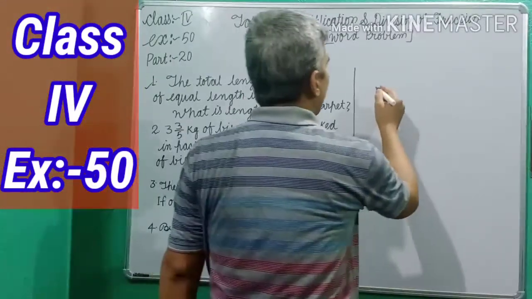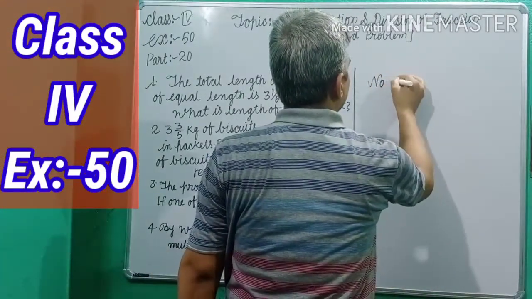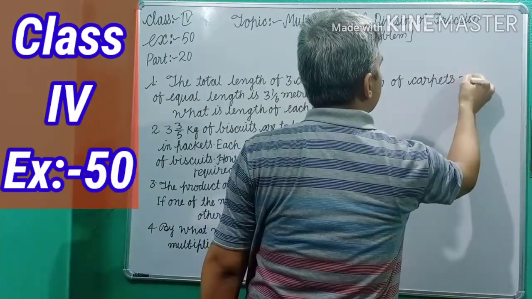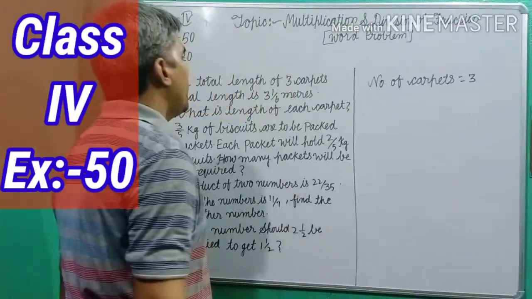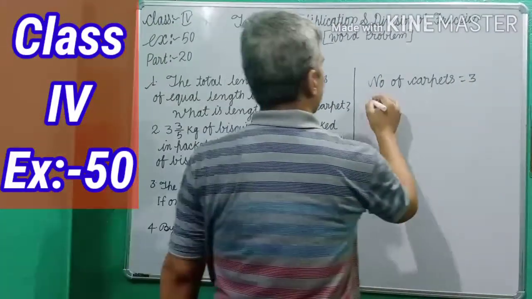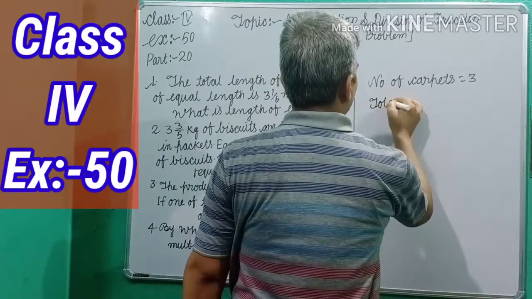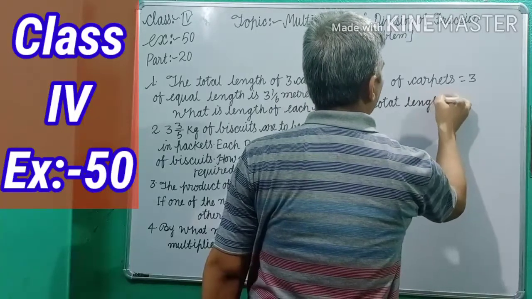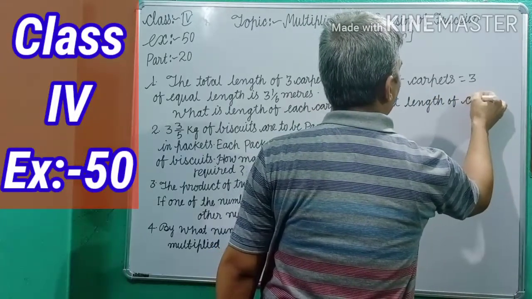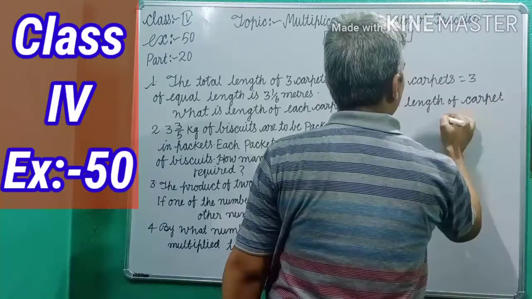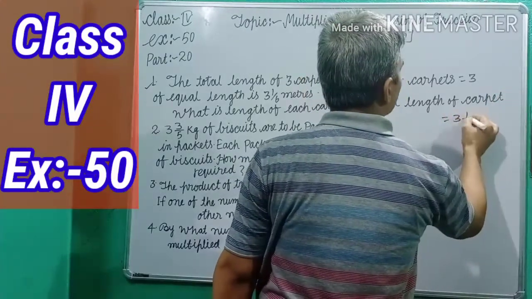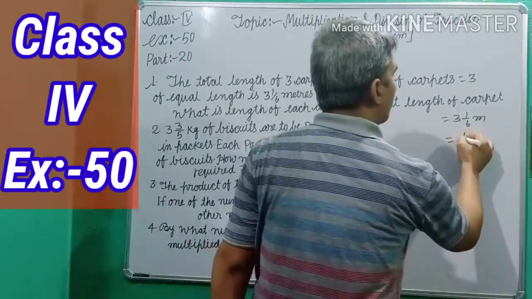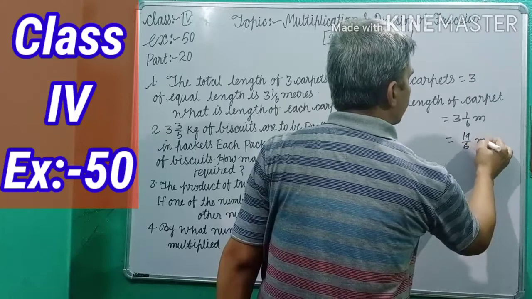First of all, you write down the number of carpets. Number of carpets is equal to 3. And total length of carpet is 3 and 1/6 meters, that means 6 threes are 18, plus 1 is 19, so 19 by 6 meters.